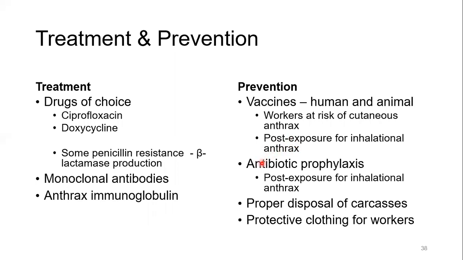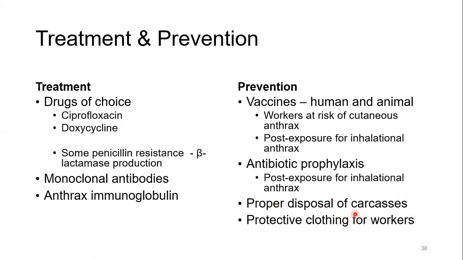There is also use of antibiotics, not as treatment, but for prophylaxis for individuals who've been exposed, mainly to inhalational anthrax, and where the spores have been released as biological weapons. And then, of course, there's proper disposal of carcasses.